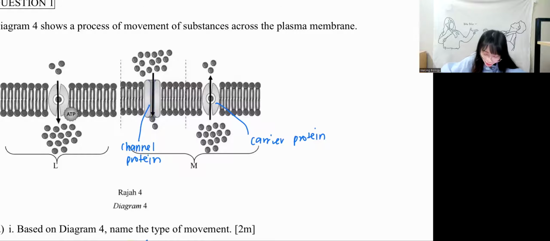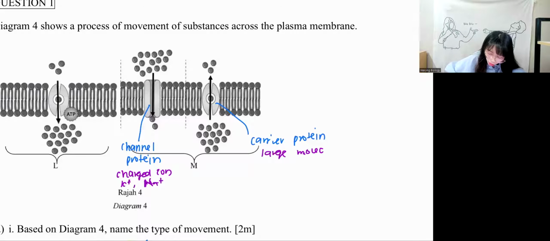If it's a carrier protein, they will have a pattern in the middle. Can you see there's a pattern in the middle? When you see pattern in the middle, this is a carrier protein. Okay, so for channel protein, this has to be a charged ion. Any charged ion, it can be sodium, potassium, whatever, okay? If it's a carrier protein, it will be a large molecule.